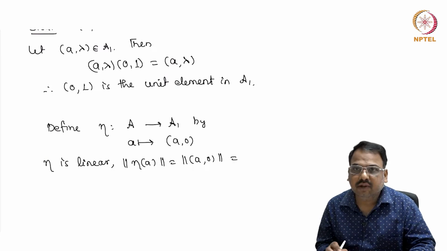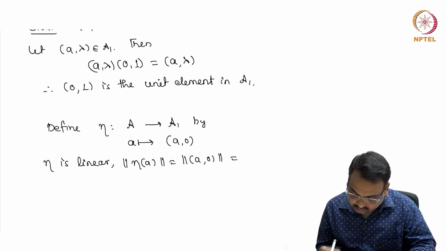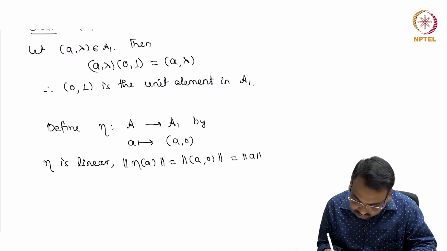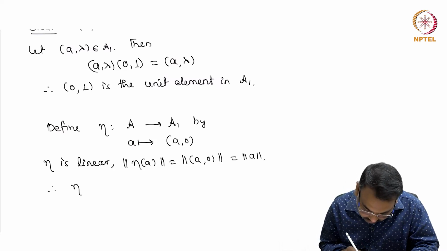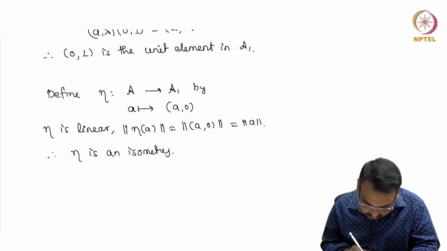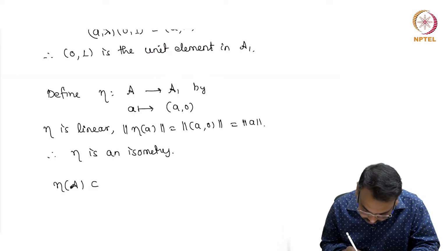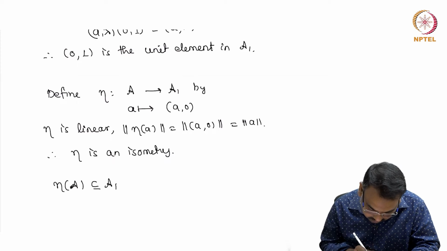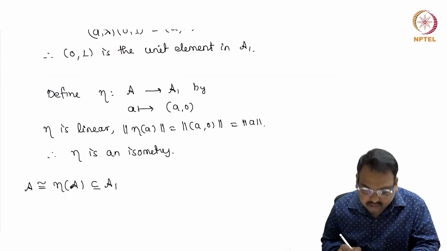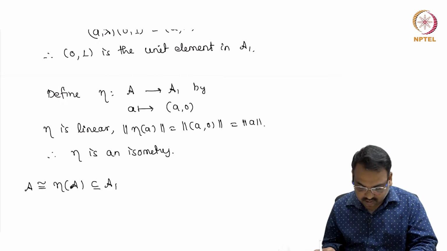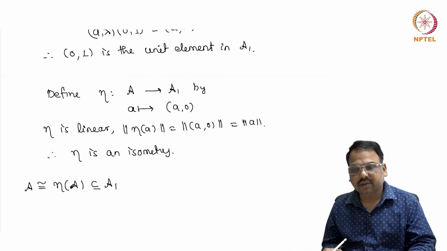This is norm of A plus modulus of 0, that is norm of A. So therefore eta is an isometry. Now eta of A is contained in A1, and from A to eta A there is an isometry and it is onto.